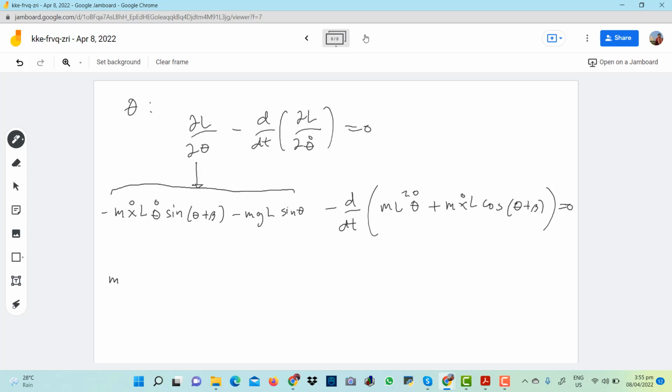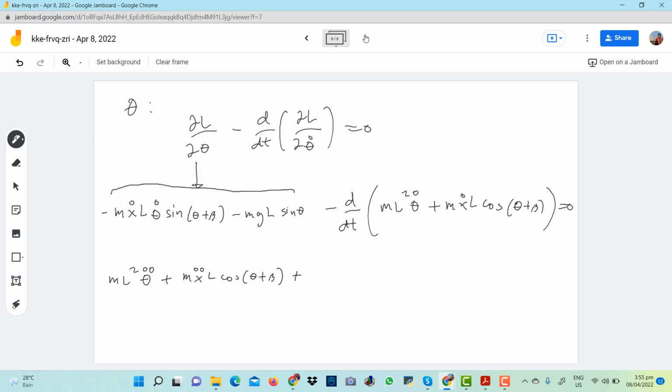I have ml square theta double dot plus, using the product rule, x dot of theta and x of theta, so I have mx double dot L cosine of theta plus beta.